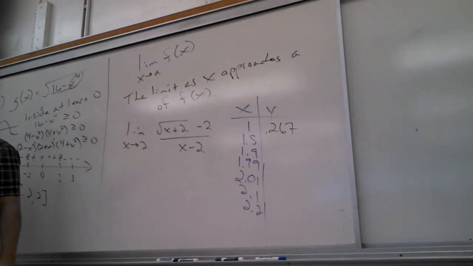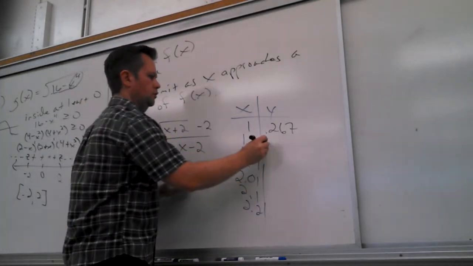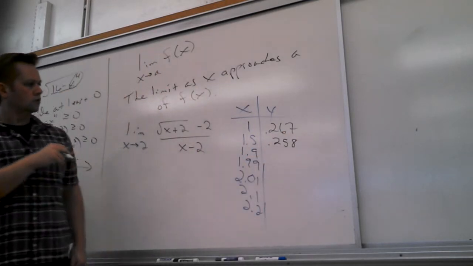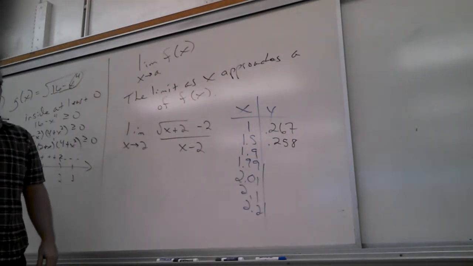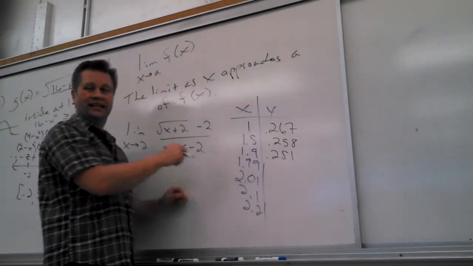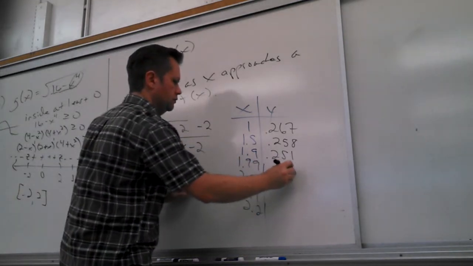Does that agree with everybody? All right. And then 1.5, anybody have that yet? 0.258. 1.9 is 0.251. 1.99 is 0.250, and so on.